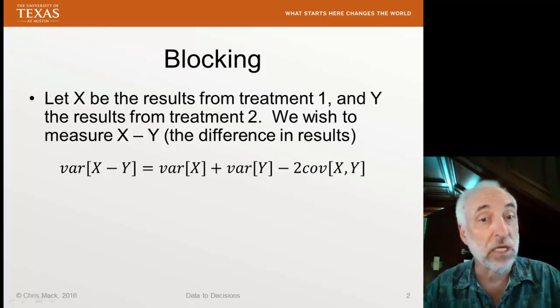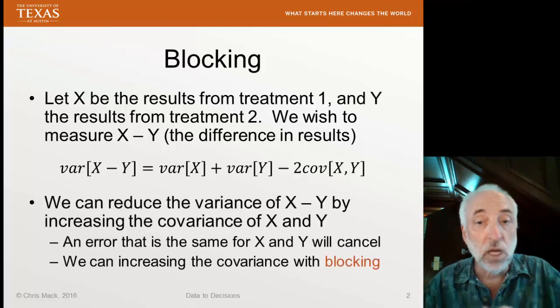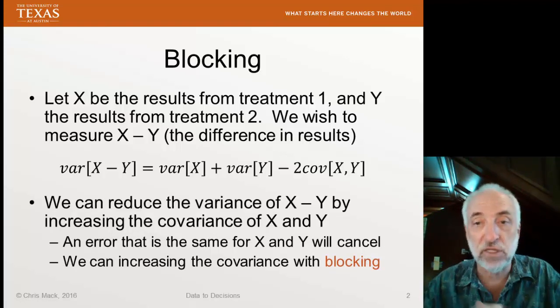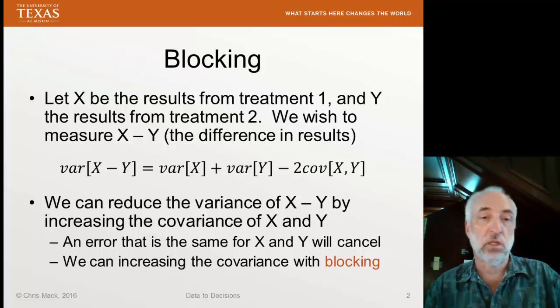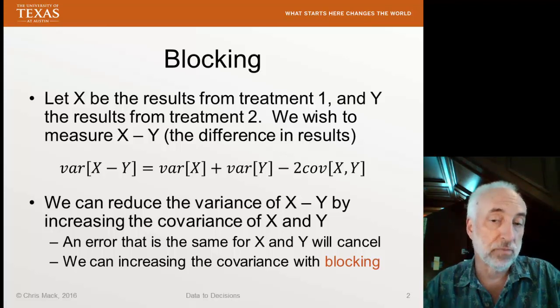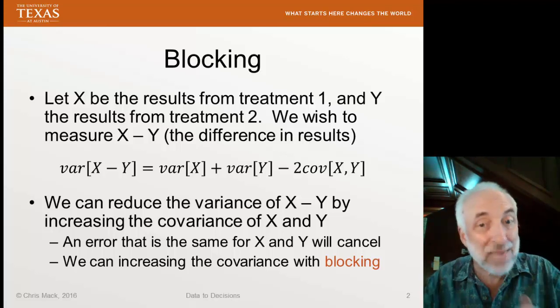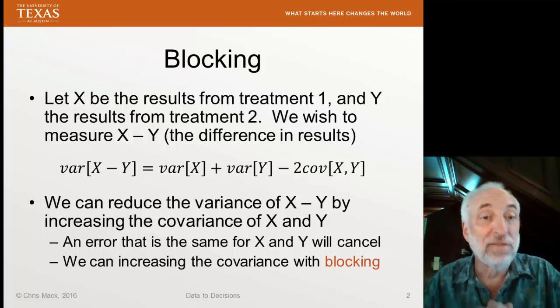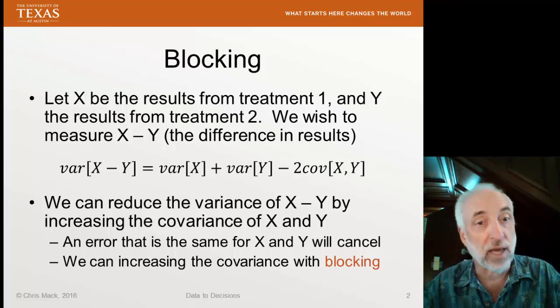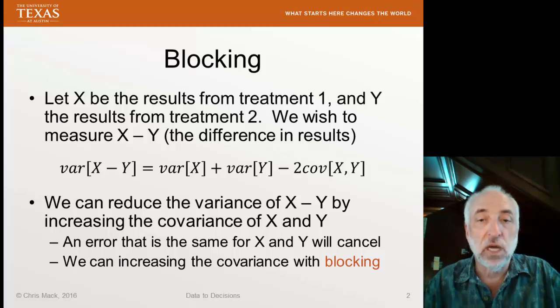That gives us an opportunity to lower the variance of the difference. If we can increase the covariance of X and Y, we can lower the variance of X minus Y. That's a fancy mathematical way of saying if I add the same error to both X and Y, that same error will cancel out when I subtract them. That's all this means.